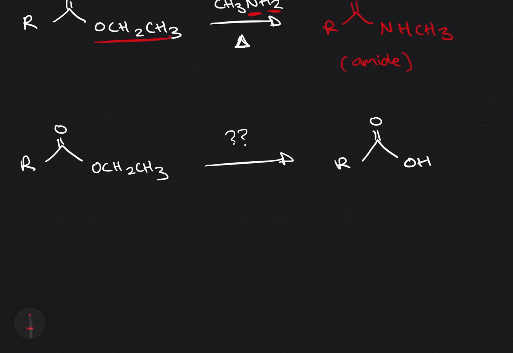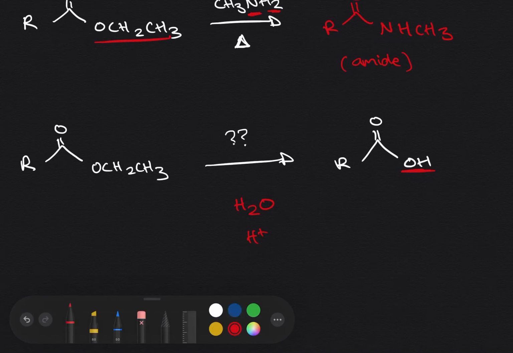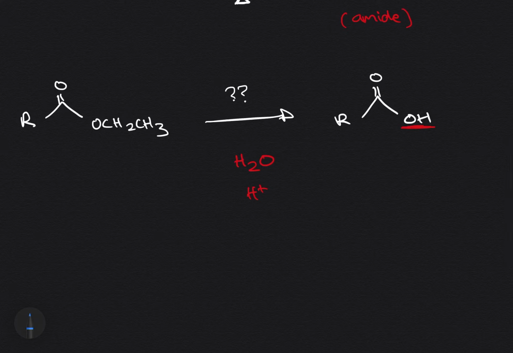Okay, we actually basically already did this reaction. Let's look at it backwards just to analyze it. We know we could add H2O if we wanted to add a hydrogen, plus an acid. Or we could use just OH minus.